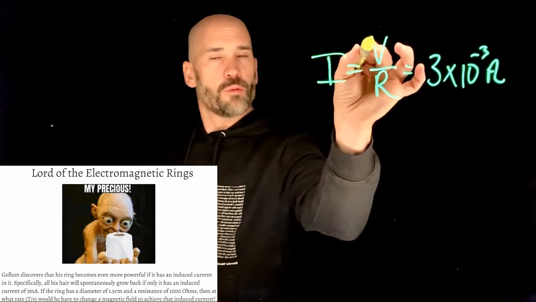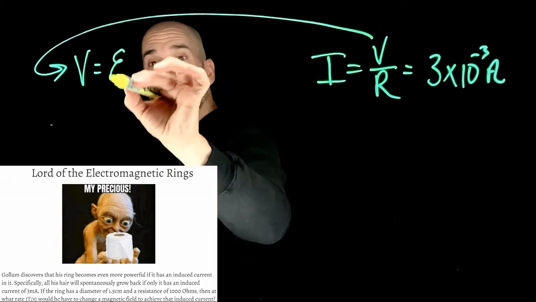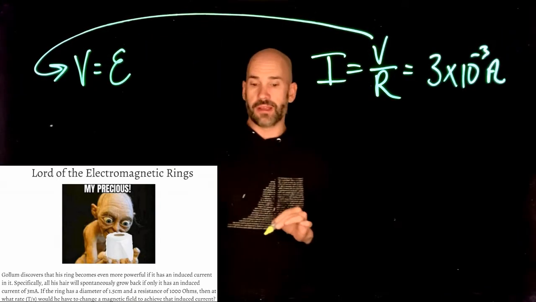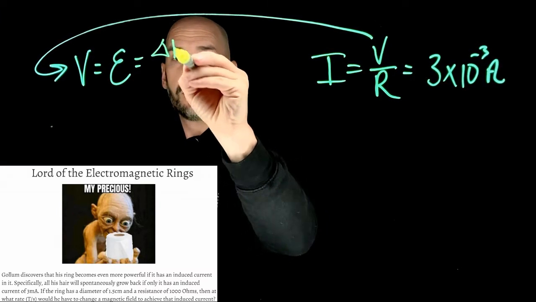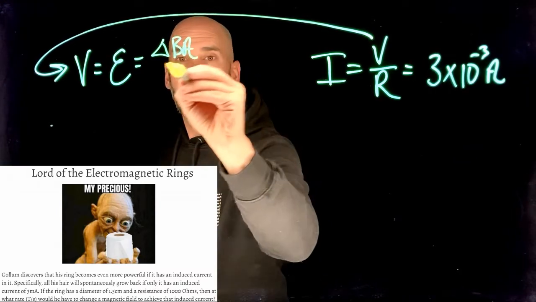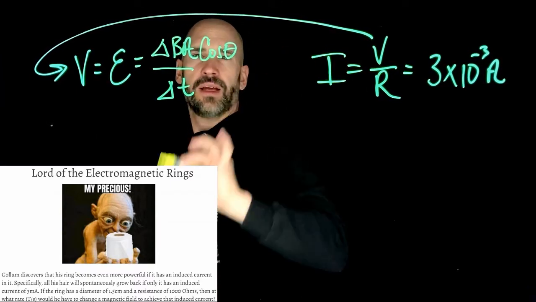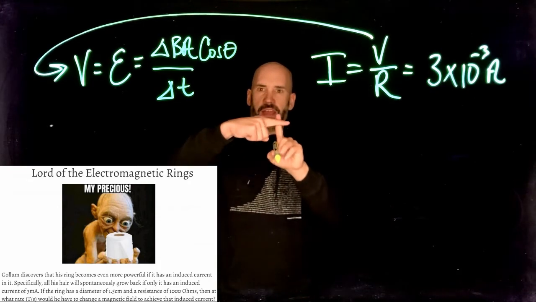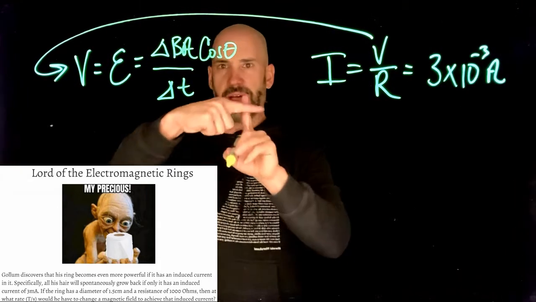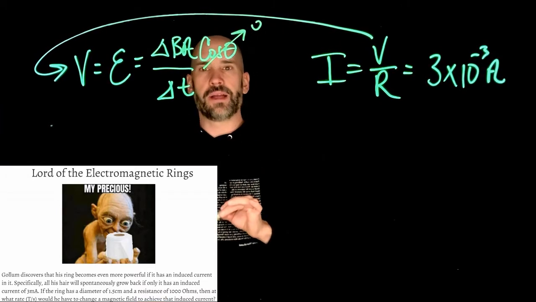Furthermore, we know that this V is really going to be the induced EMF, which we know is equal to the change in BA over delta T. Technically BA cosine theta, but I'm just going to go ahead and assume that, again, the area vector and the ring are going to be aligned with the magnetic field, and this is 0 degrees, so that's just 1.